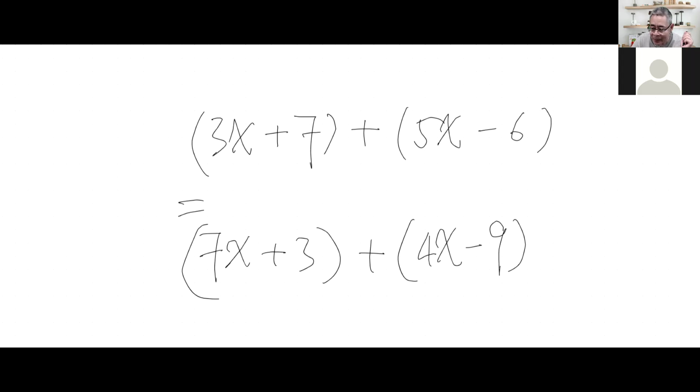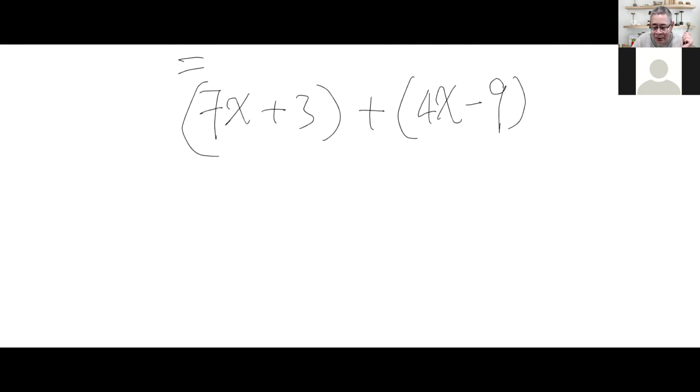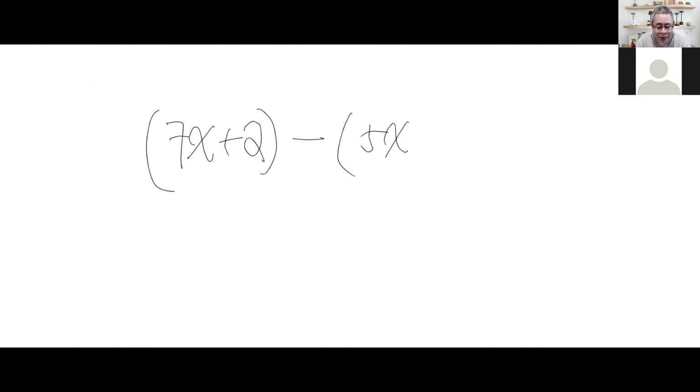Perfect, good job. Okay. Now we're going to move on to subtraction. So I will do subtraction. So 7x plus 2, if we minus 5x plus 6. Now this, we can just open it, no problem.